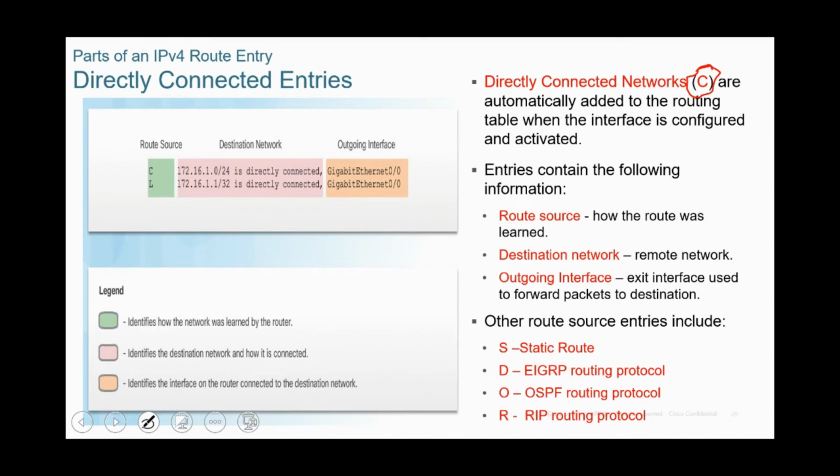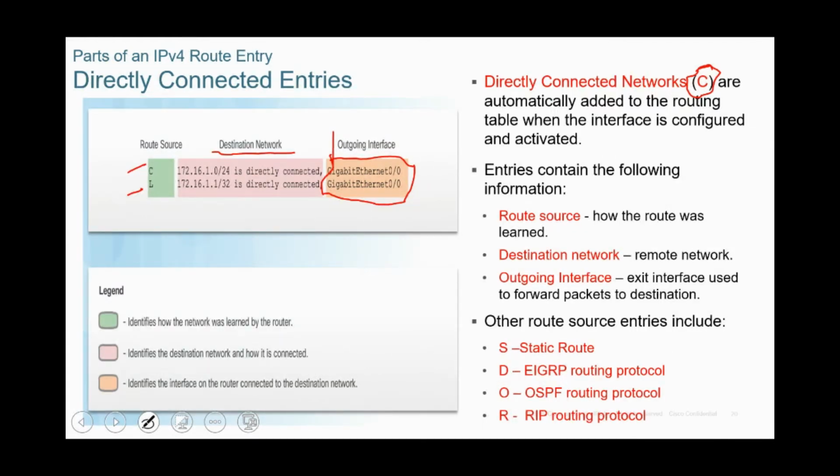First, the route source, which is how the route was learned, whether it's C or L, or any other routing protocol. Then you have the destination network, highlighted here in pink. After that, you have the outgoing interface, which shows the exit interface used to forward the packets to the destination address.